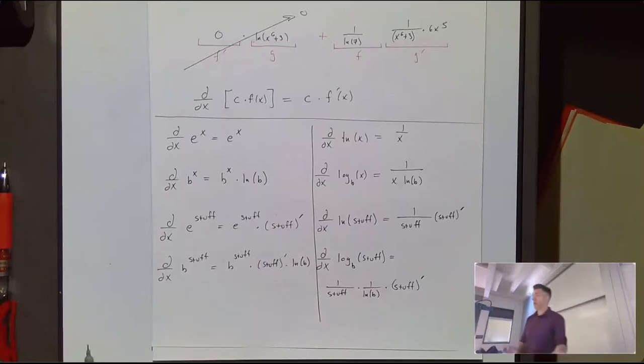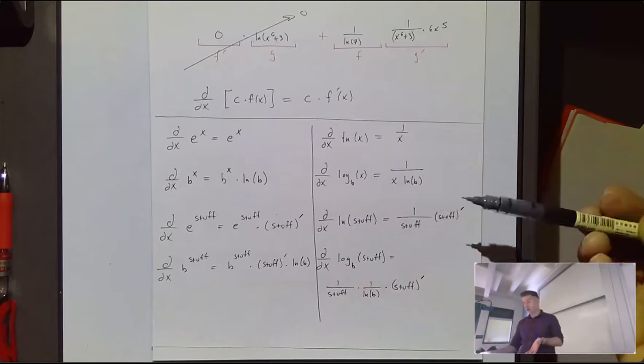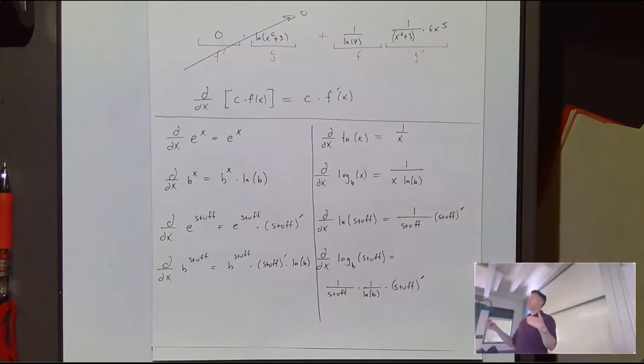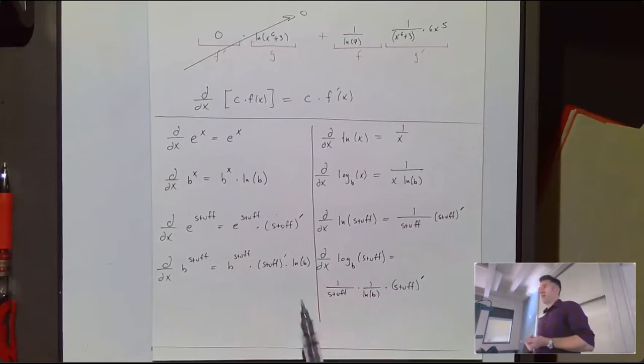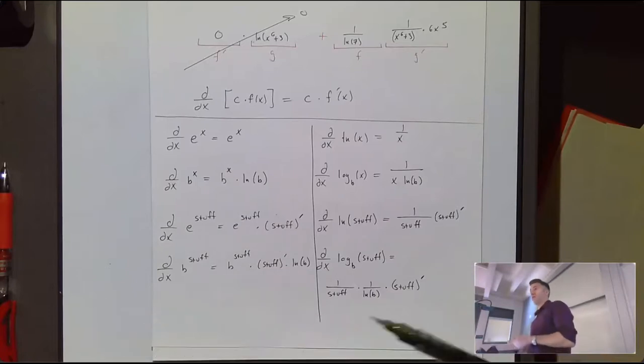On the other hand, if I have a logarithm with a different base, log base b of x or log base b of some stuff, I don't multiply by the natural log of b. I end up having a division by the natural log of b. So essentially, whenever you have a base other than e, we either end up multiplying by the natural log of that base when we take the derivative, or dividing by the natural log of the base. It just depends on if it's an exponential or logarithmic function.